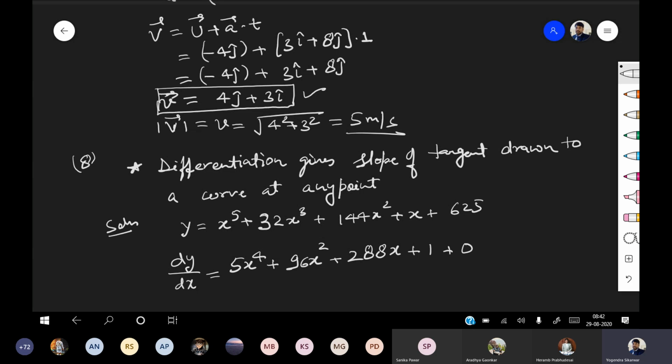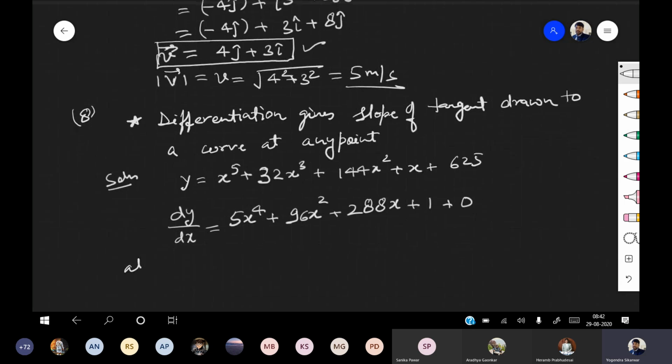Now put x is equal to 0 in this. So at x is equal to 0, slope m is equal to dy by dx, and that will be 1.